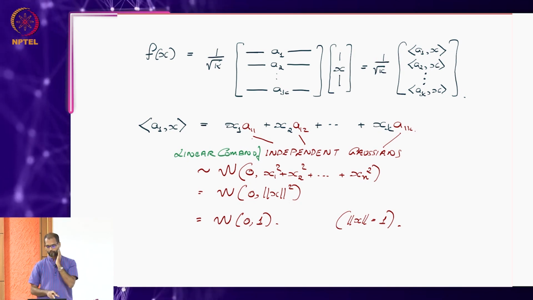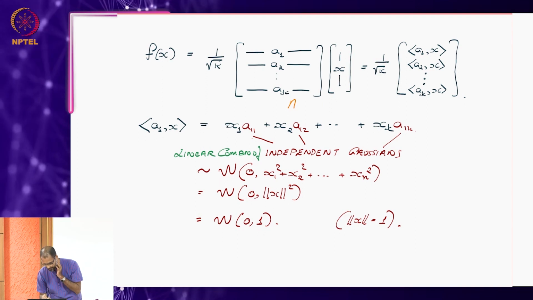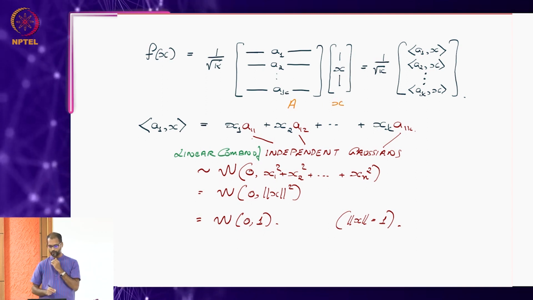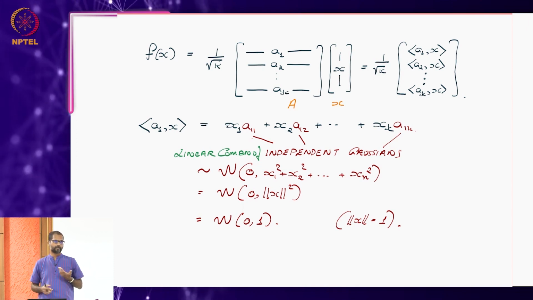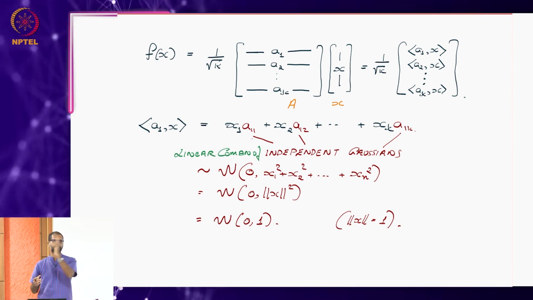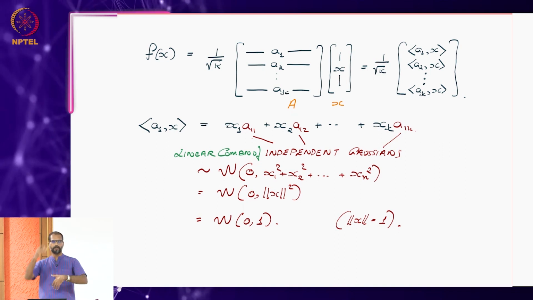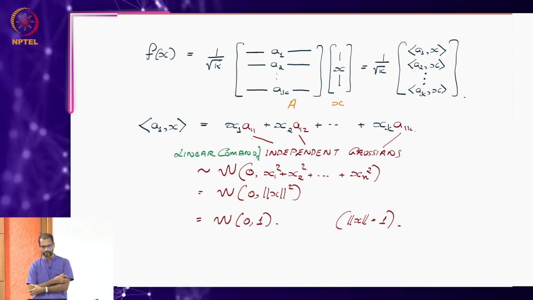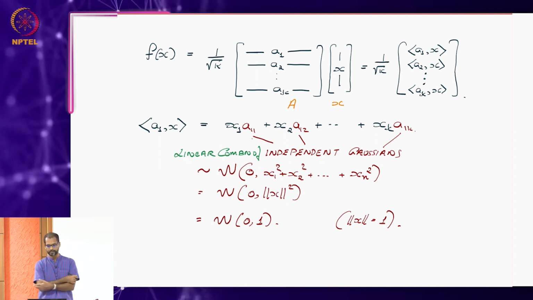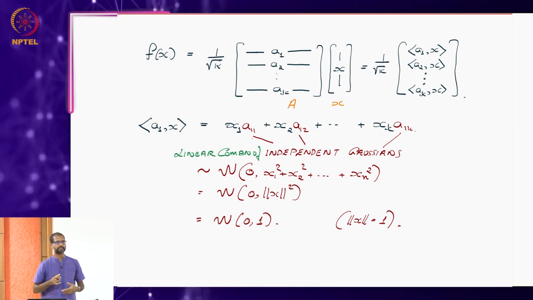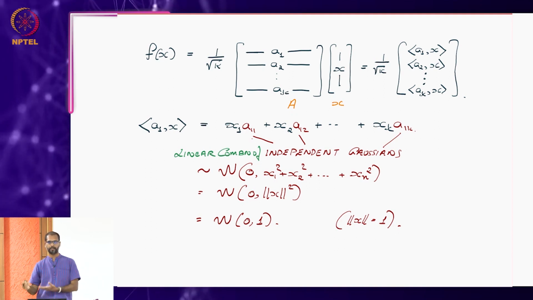Remember f of x is 1 by root k times A times x. Now I am imagining A as a stack of rows. That is my freedom. I can imagine it as a pile of columns, or as a stack of rows. I am imagining it as a stack of rows. I am calling them a1, a2, etc., ak. x I am retaining as such. Now, it is a matrix vector multiplication.